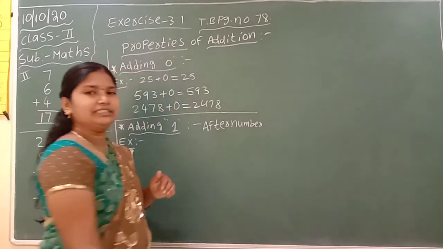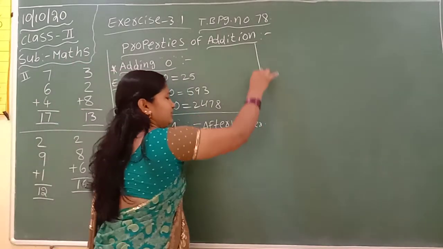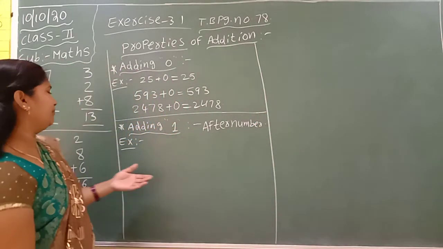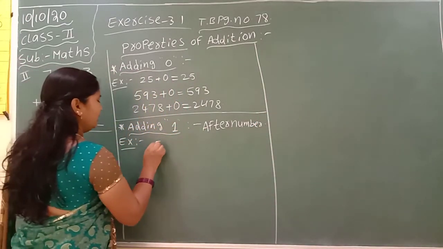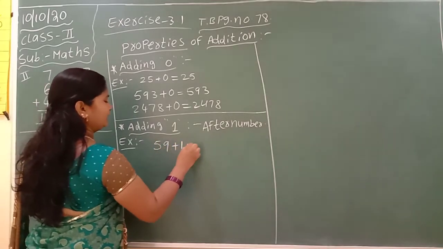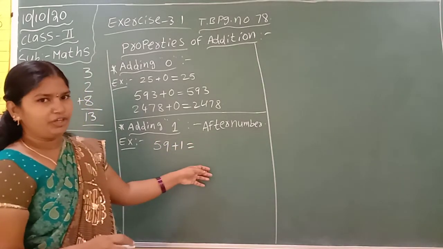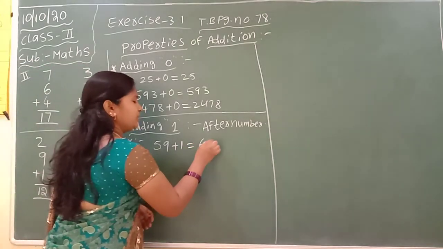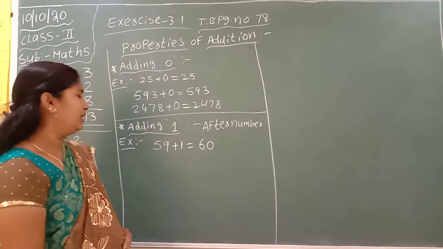We will get just the after number. For example, 59 plus 1. What is the number after 59, children? After 59, we will get 60.